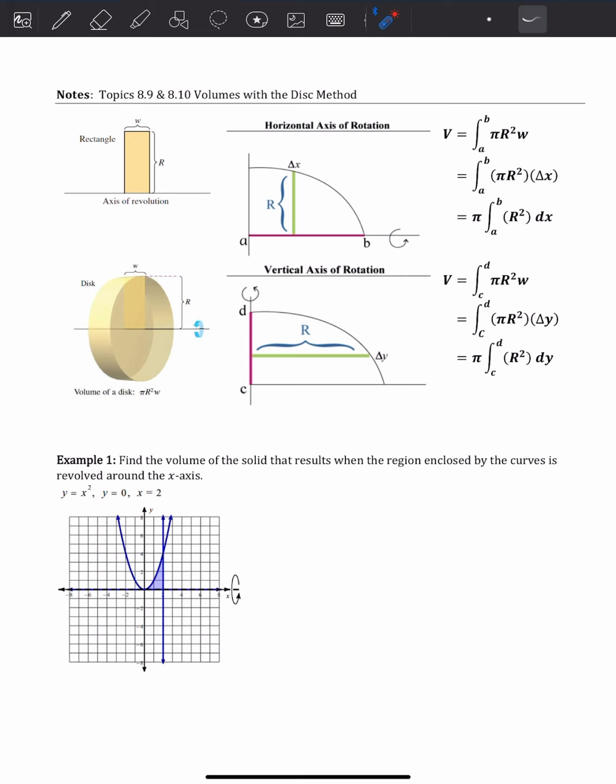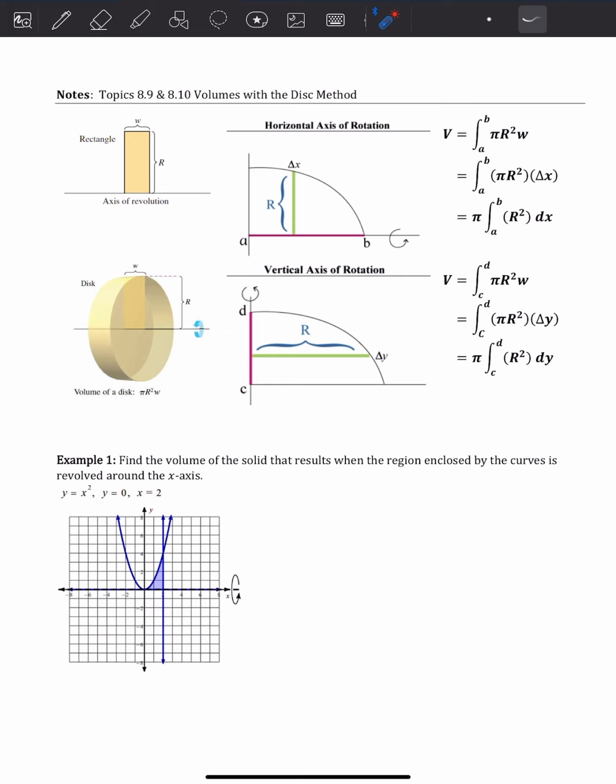So we have: find the volume of the solid that results when the region enclosed by the curves is revolved around the x-axis. Our curves this time are y equals x squared, y equals 0, and x equals 2. So we're looking at x squared, which is that parabola here, y equals 0, and x equals 2.